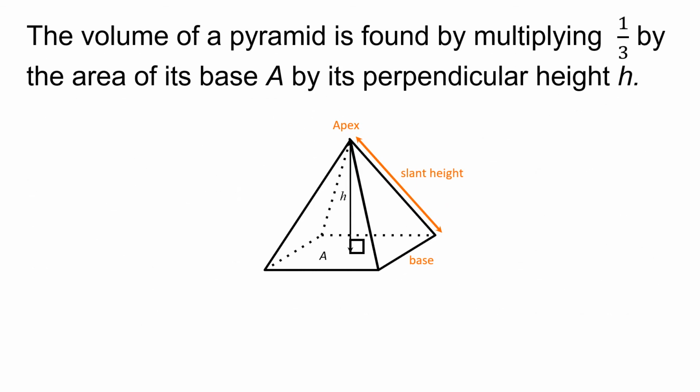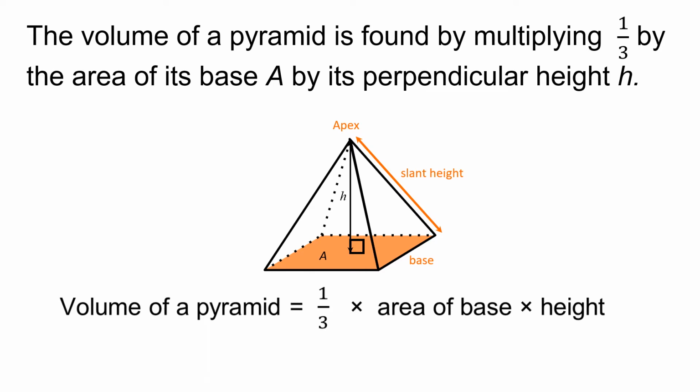The volume of a pyramid is found by multiplying 1/3 by the area of its base A by its perpendicular height h. Therefore, the volume of a pyramid equals 1/3 multiplied by the area of the base multiplied by height, which is our perpendicular height.